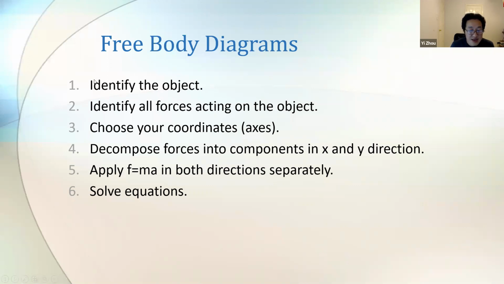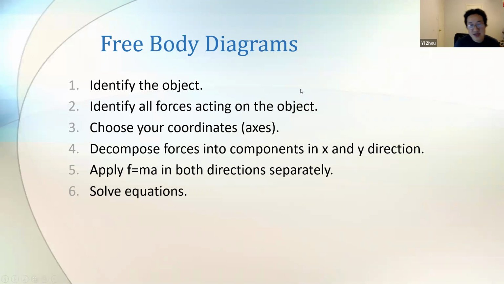You can use one object, you can use multiple objects, you are not limited to one object. When you want to use multiple objects, you can draw a box around all the objects and treat it as a big object. Then you identify all the forces acting on the object.